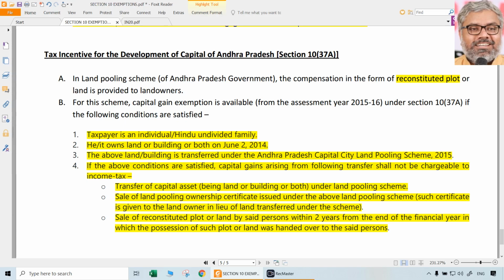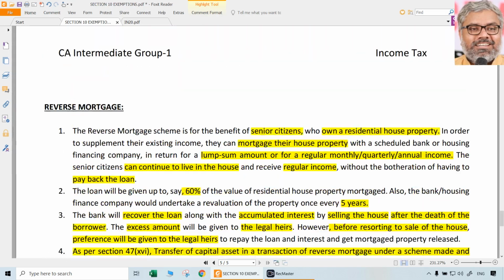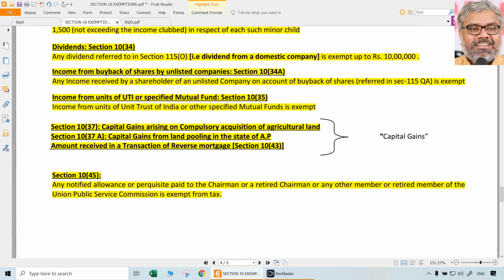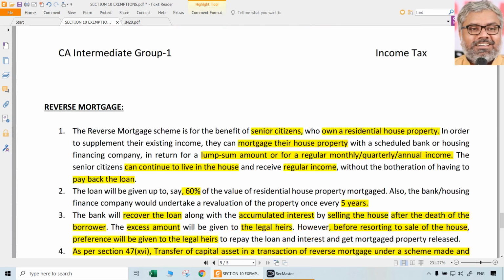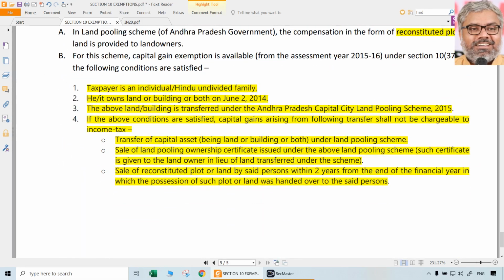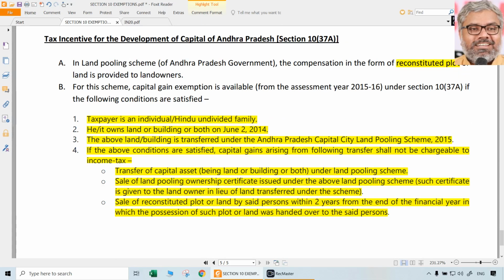That is a very pathetic provision of 2 years. The provision is good. If somebody says, oh, 2 years exemption is given, I would say it should be a lifetime exemption. Why a 2 years exemption, when 10(37) is an absolute exemption without any conditions? Why does this have conditions, that you have to sell this reconstituted plot within 2 years only to claim this exemption? After 2 years, they have to pay capital gains tax.